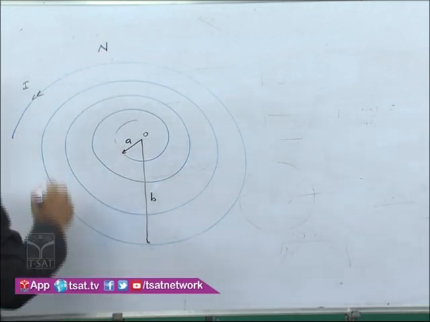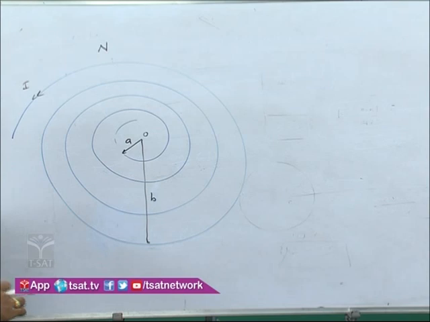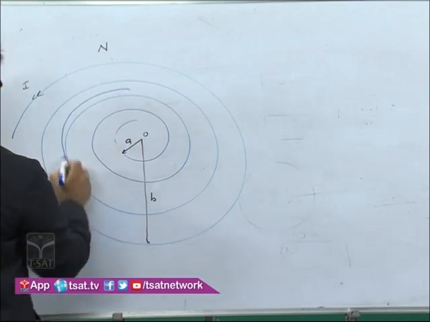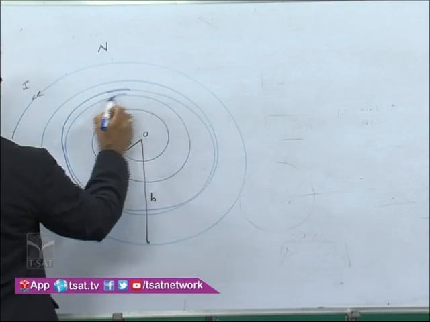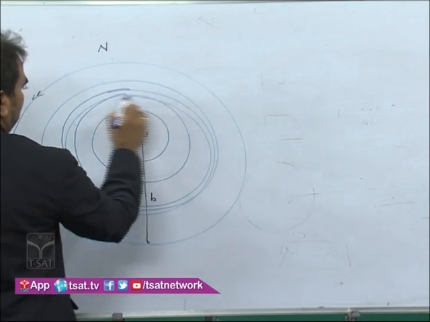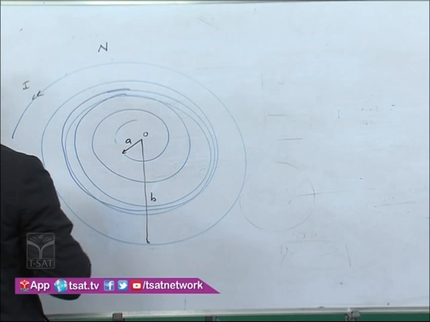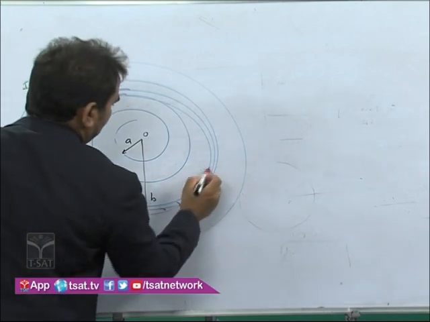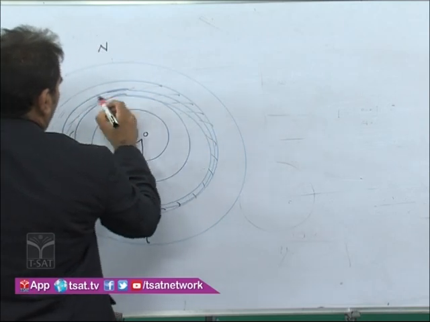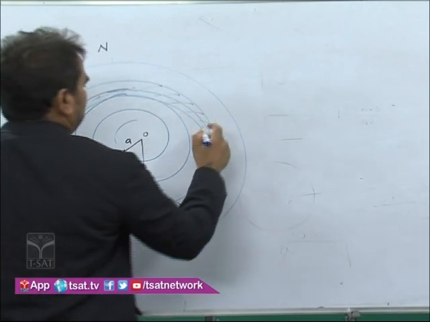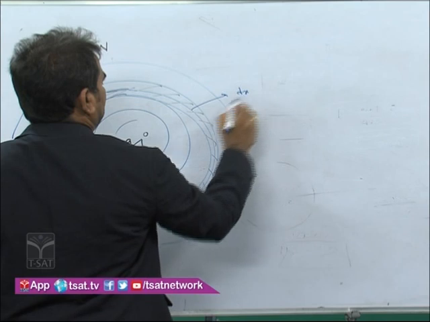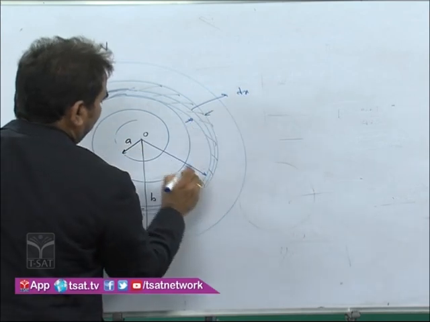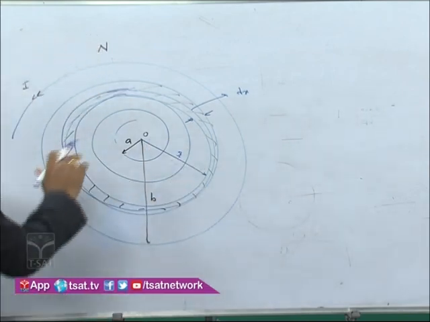We wish to find the net magnetic field induction at center O. Let us consider a small element which has a width dx, and which is at a distance of r from the center.